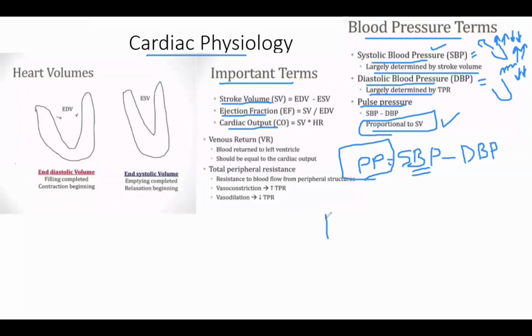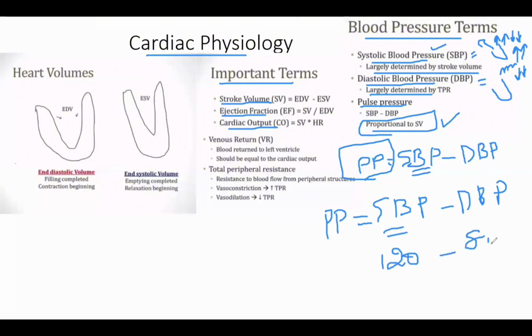How? Because pulse pressure, as we know, is equal to systolic blood pressure minus diastolic blood pressure. Let's suppose initially the systolic blood pressure is 120 and the diastolic blood pressure is 80. So the pulse pressure will be 120 minus 80 equals 40.